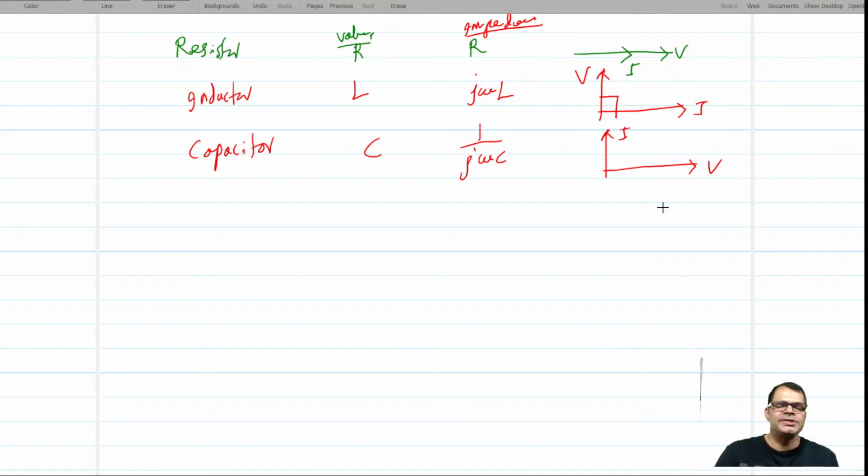So any combination of R, L and C you can immediately convert into an AC impedance circuit. When you talk about impedance, all these are in ohms, though the element values are in henry, farad or microfarad, whatever you say. So for example, you have been given a circuit like this.